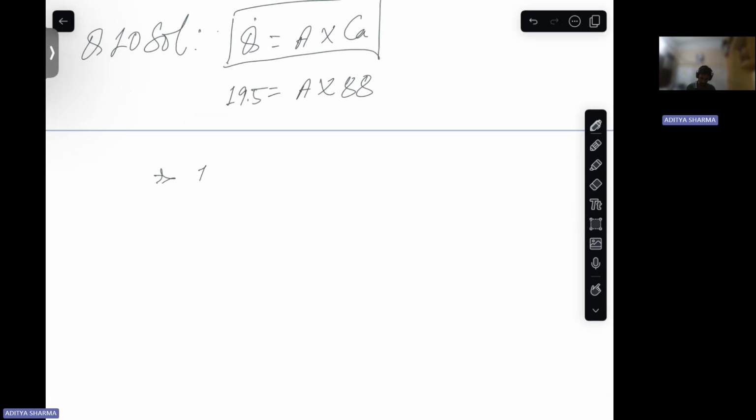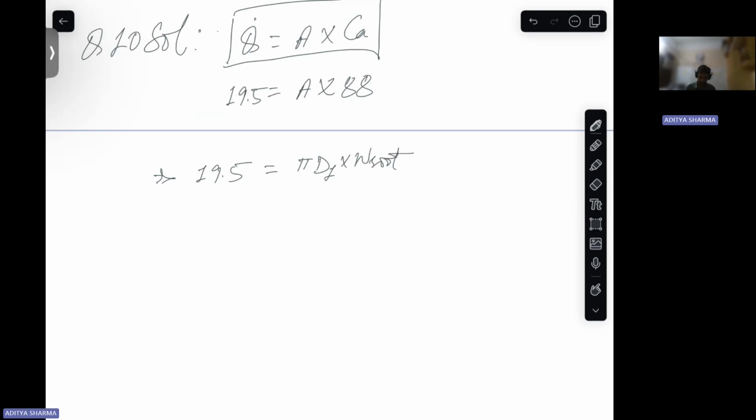Now to find the area, this seems to be the surface area of your cylinder.